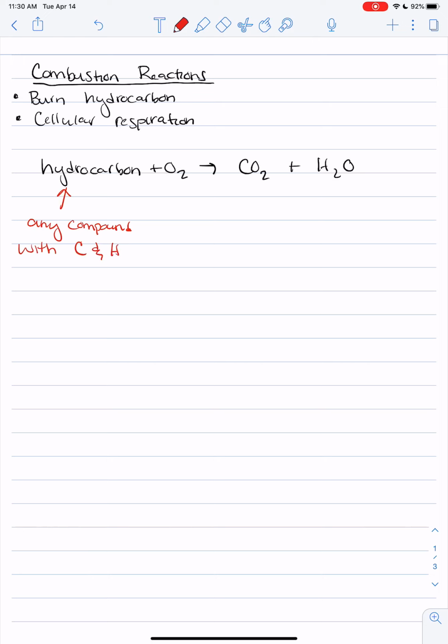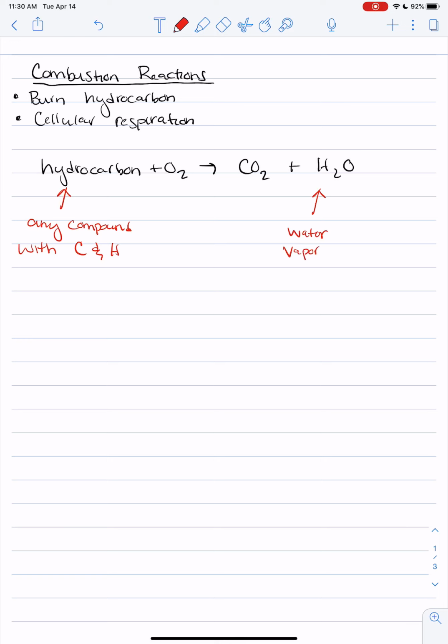Okay, and it sort of seems strange that there would be water in this, but water is actually in the form of water vapor. Like if you turn on your stove, that is a combustion reaction. You are burning a hydrocarbon, you're burning methane, and water is produced in the form of water vapor.